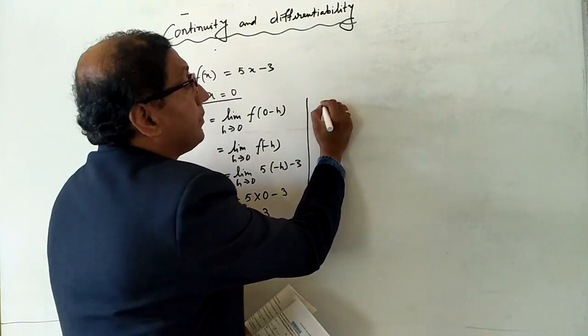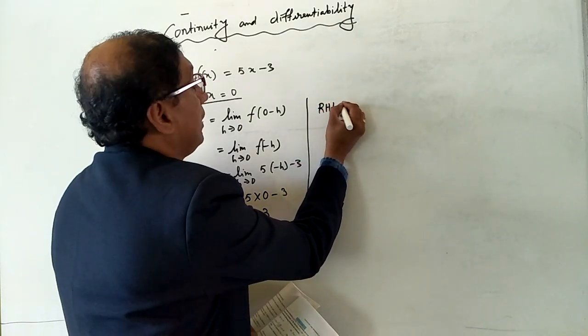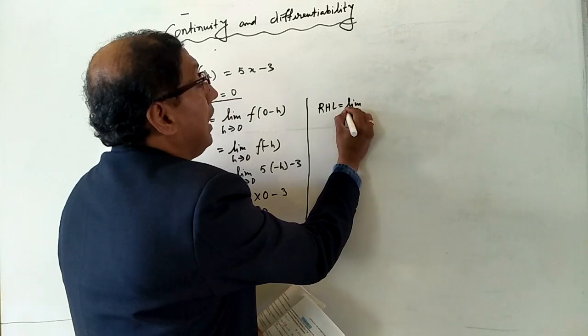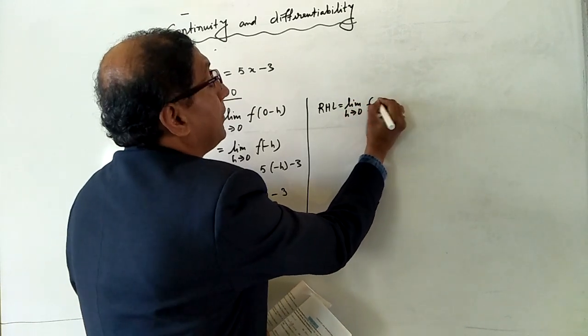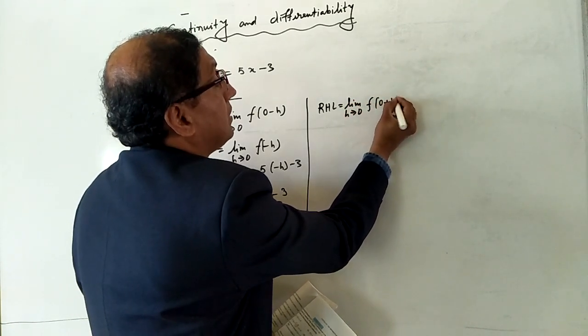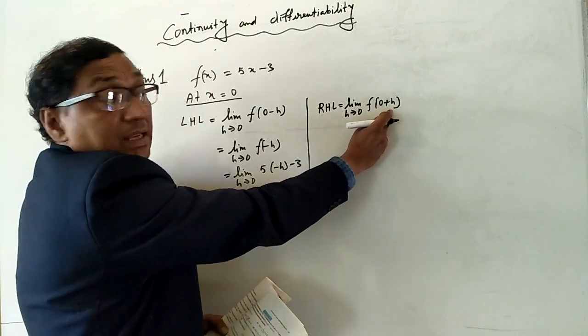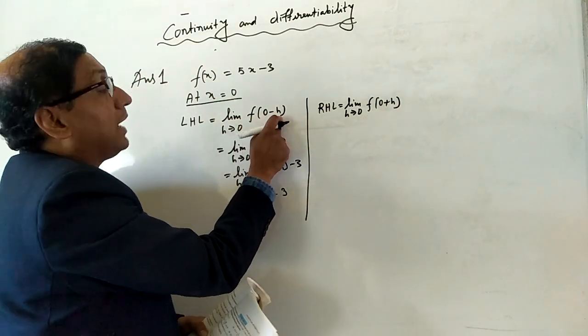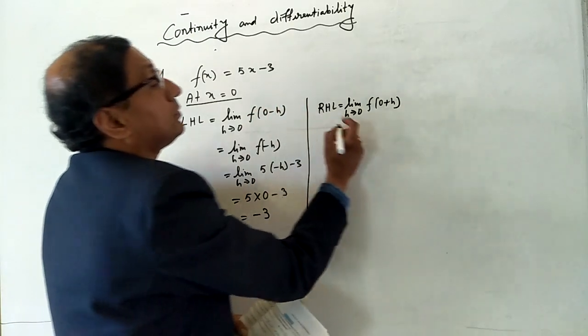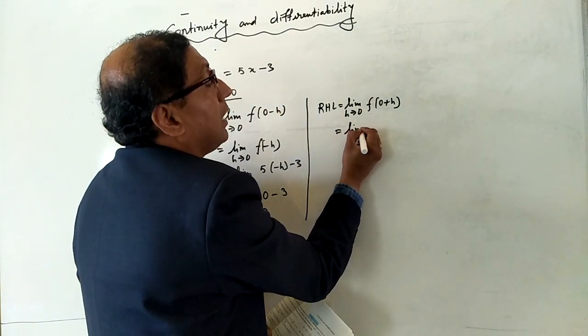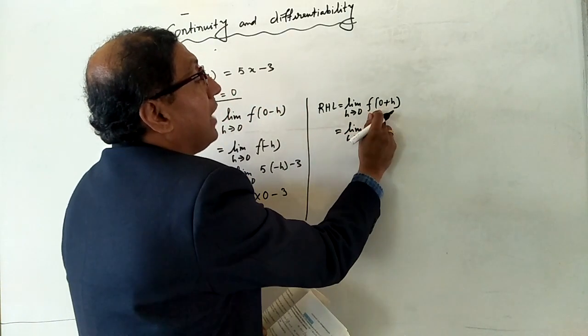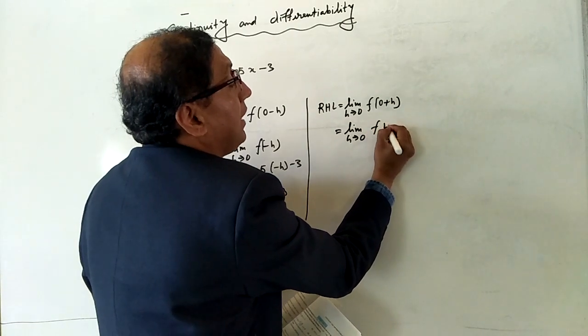Now the right hand limit. Right hand limit equals limit h tends to 0, f(0 plus h). For the right hand limit it is c plus h, for the left hand limit c minus h. The value of c is 0. So here limit h tends to 0, f(0 plus h) is f(h).